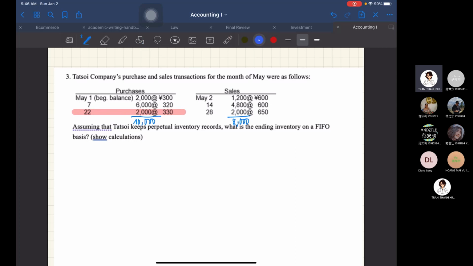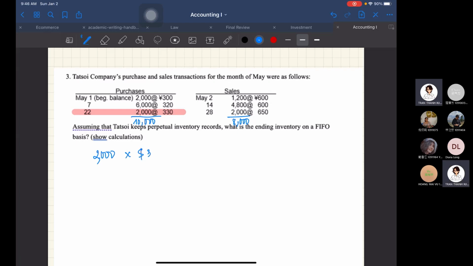Here's the last purchase. Oh, okay. So they also have 8,000. So there will be 2,000 items. Times the last value that they purchased is, oh, sorry. Okay, so that is the answer.